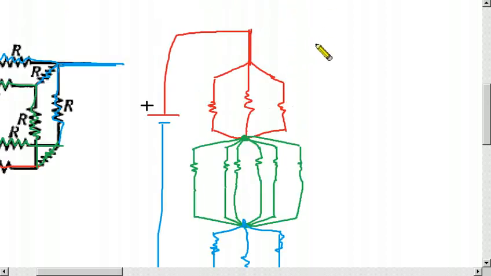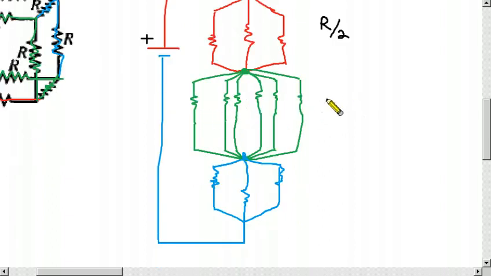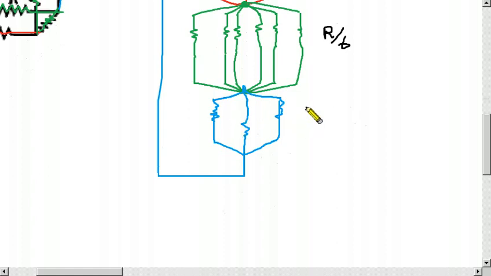Now what is this structure? It is familiar now. These three are parallel, therefore the resultant is R divided by 2. These 6 are also parallel, so the resultant is R divided by 6. These 3 again are in parallel, R divided by 3.